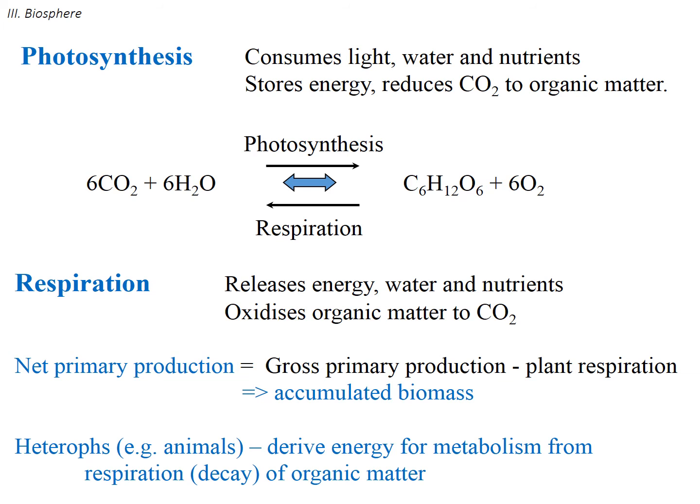It's less than the total amount of photosynthesis because some of those plants are instantaneously respiring that organic matter back out. For instance, a tree photosynthesizes in the daytime, but at night it is respiring. So the net primary productivity is the accumulated production of organic matter by plants in the atmosphere, the ocean, and on land.